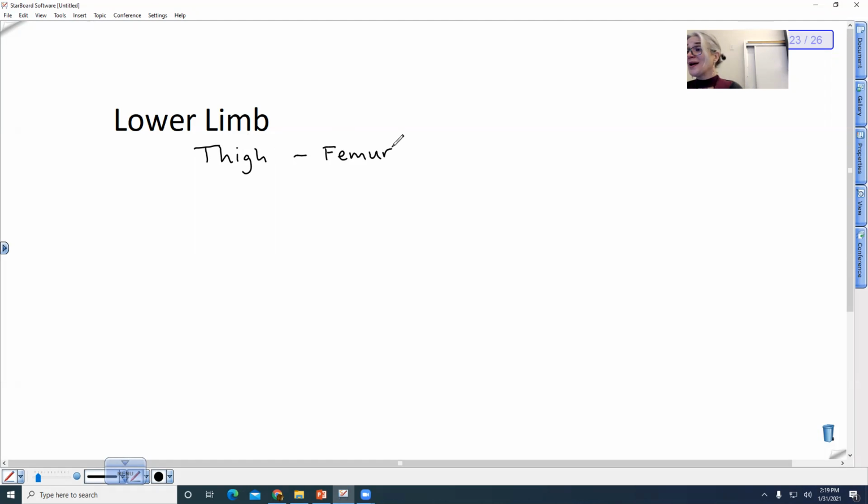So again, one bone, and then in the leg, which is technically what we tend to think of as our lower leg, this would be the tibia and fibula. So we have two bones. And then we have the foot.